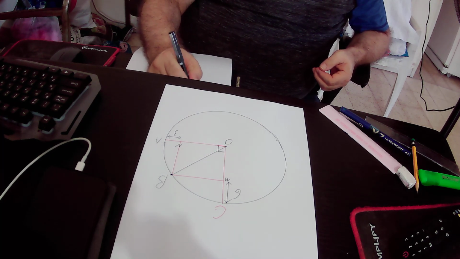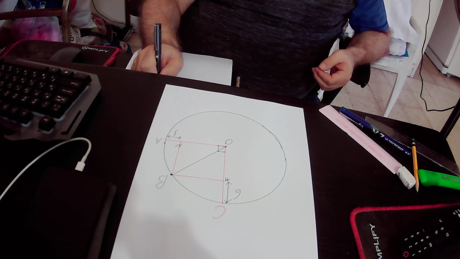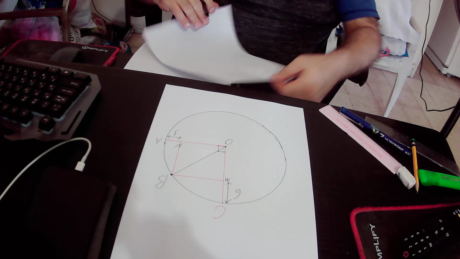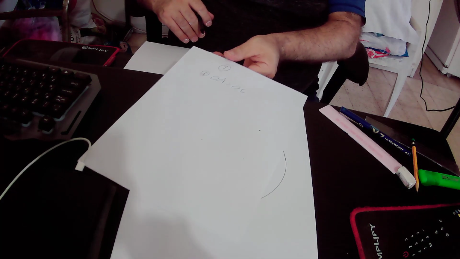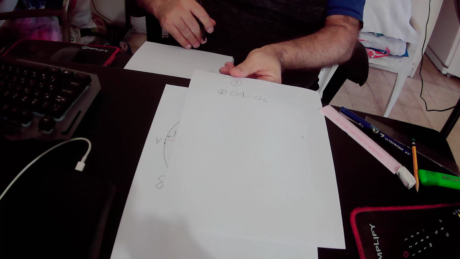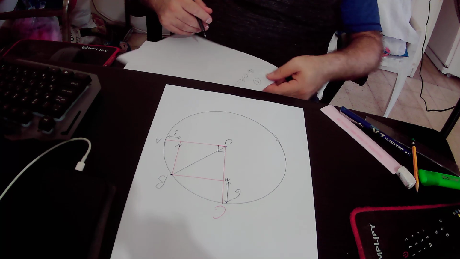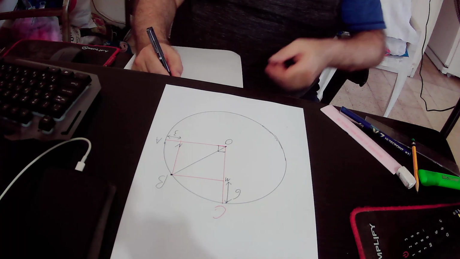So our first equation is OA equals OC, because both of them are radii of this circle.